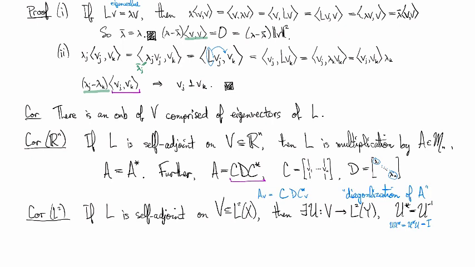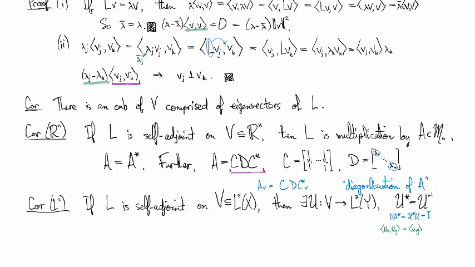So take the axes and sort of spin and twist them, but no reflection, no stretching, no shearing, no nothing else. So it takes one orthonormal basis to another orthonormal basis. That's a good way to think about it. Another good way to think about it is that it preserves the inner product. So if you look at U applied to X and U applied to Y in the inner product, that's the same thing as the inner product of X and Y. And that's almost equivalent to the definition.